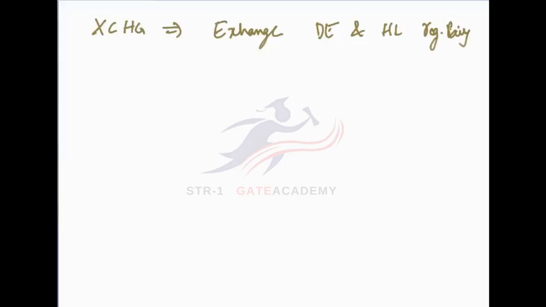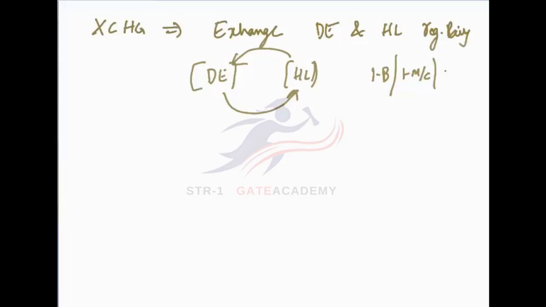The DE register data is stored in HL, and the HL data is stored in DE, completely interchanging the data, just like a swapping operation. No address or data is mentioned, so it is a 1 byte instruction, 1 machine cycle is enough because it is just copying data, and 4 T states.